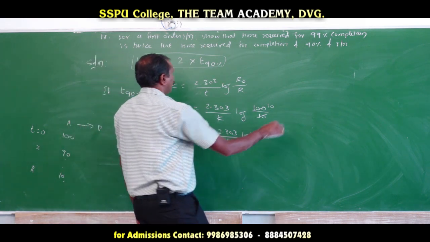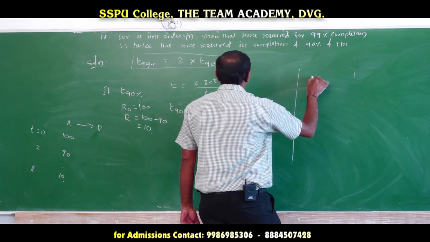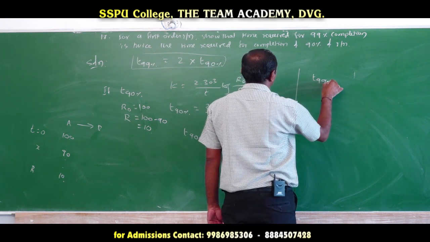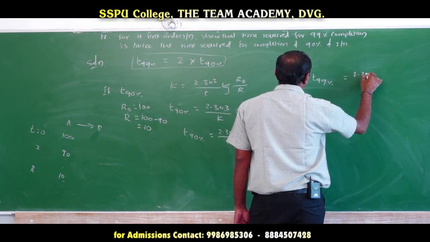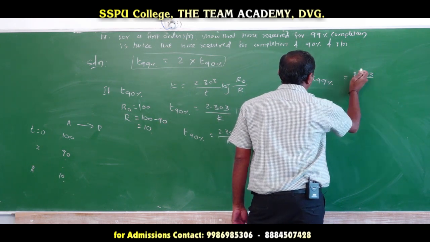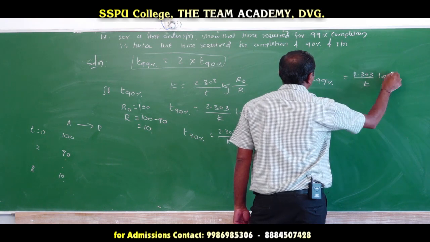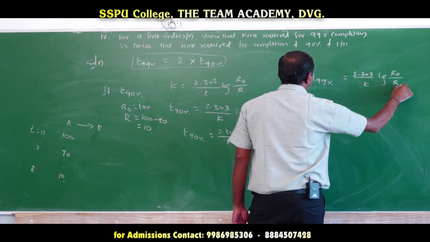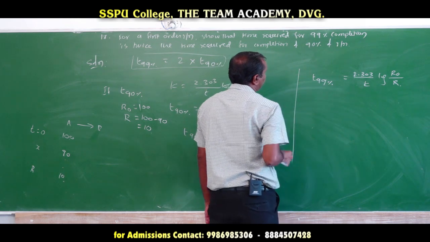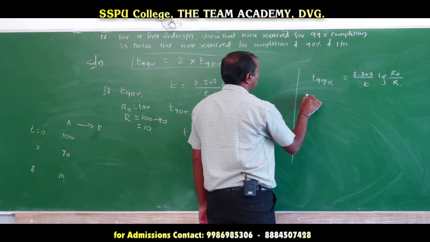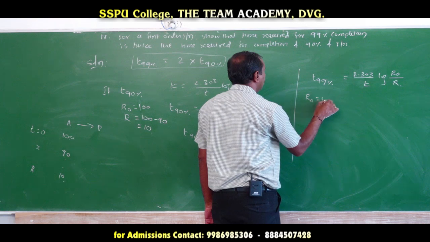Next, we'll find out the T99% conversion. T99% conversion is nothing but 2.303 by K into log of R naught by R. 99% conversion means what? Initial value is 100.